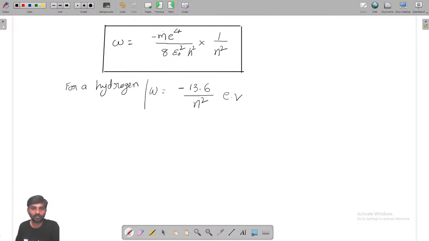This is a very important formula. Clear?